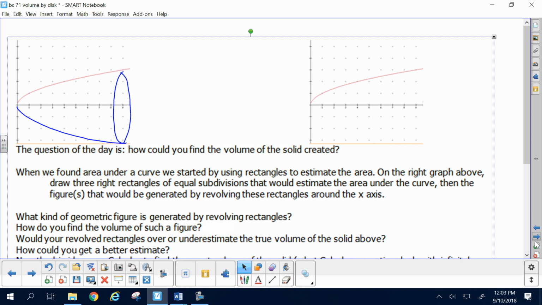So, a cylinder. Cylinders, not like up and down.